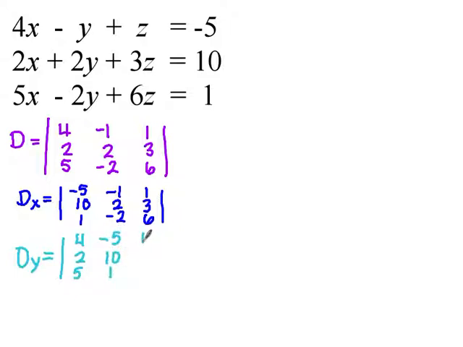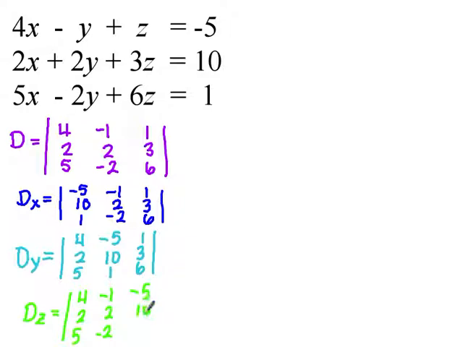And then the z column stays 1, 3, and 6. And then last but not least, the Dz. Your x and your y stay the same. And then what does the z column become?